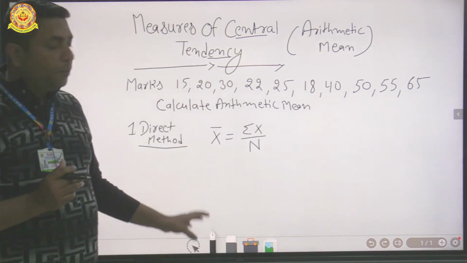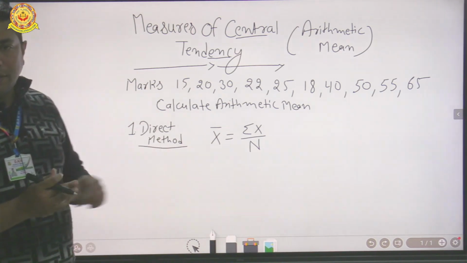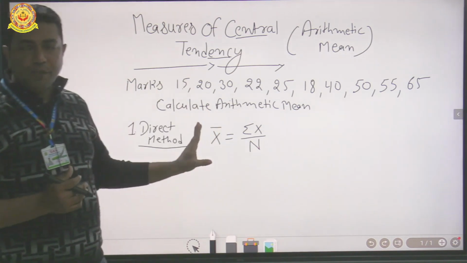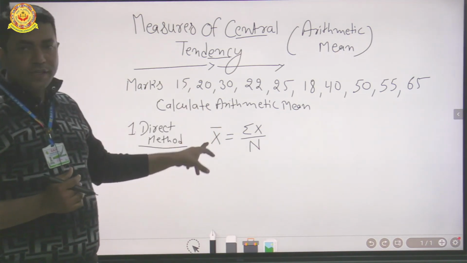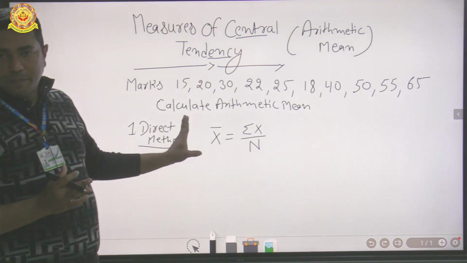With the help of the direct method, if you want to calculate the arithmetic mean, this is the formula: x bar. This is x bar, the symbol of the arithmetic mean.